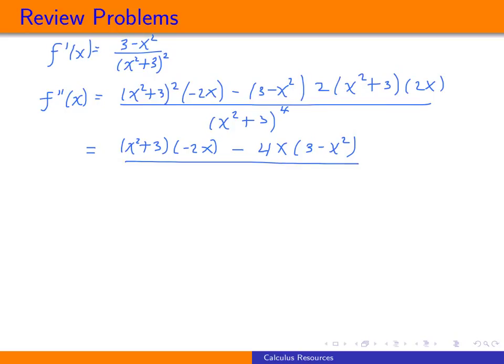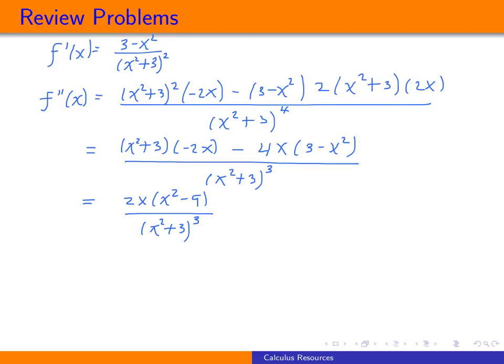And taking away one of the x squared plus 3's in the bottom, we're left raising to the 3rd power. Doing just a touch of simplification in the numerator, this becomes 2x times x squared minus 9, and it's all divided by x squared plus 3 cubed.